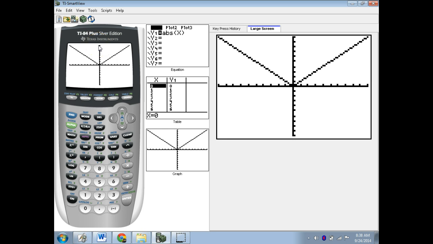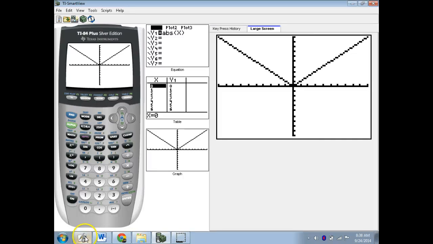So you will see that the basic absolute value function that we call the parent function is a V-shaped graph with its vertex, that's what we call the bottom point, or sometimes the top point, right at the origin.